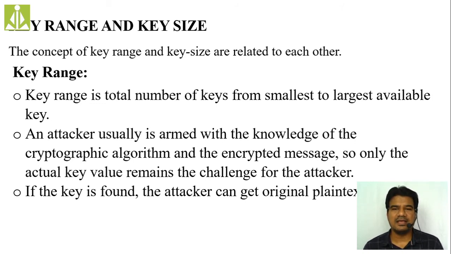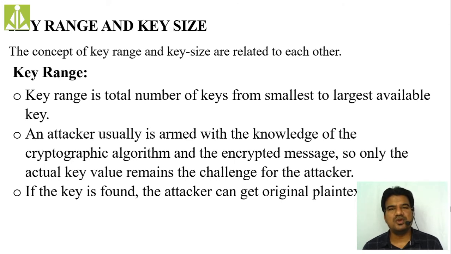So the attacker has to gain the knowledge of the key, as well as capture the plain text from the ciphertext. So the attacker is already armed with the cryptographic algorithm as well as the ciphertext.